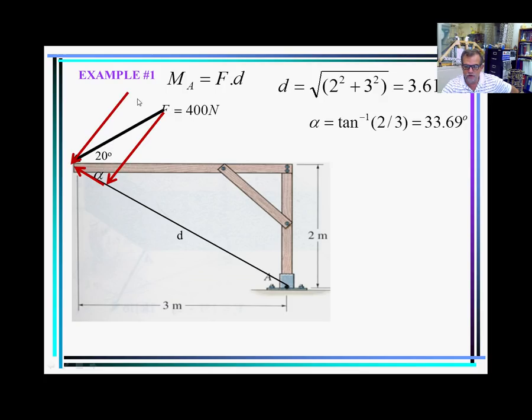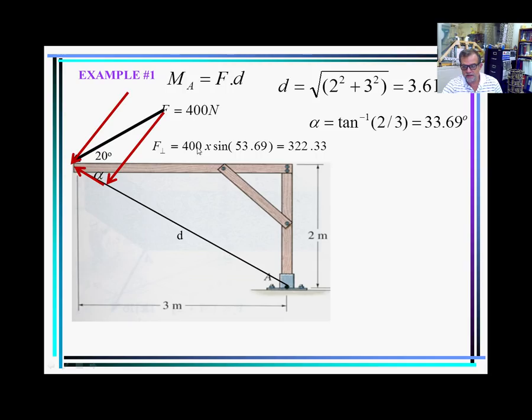And if I want to find the perpendicular component, this one, I'm pointing at this one because this is this, but remember it's applied here. So this perpendicular component is just 400 multiplied by sine of this whole angle here. And this is the perpendicular component of the force with the distance.